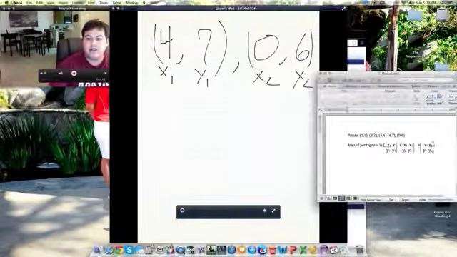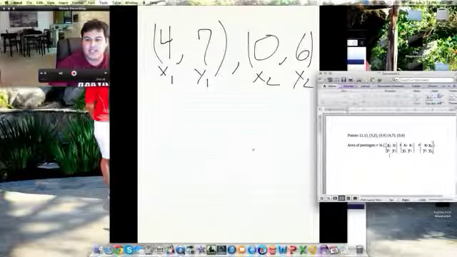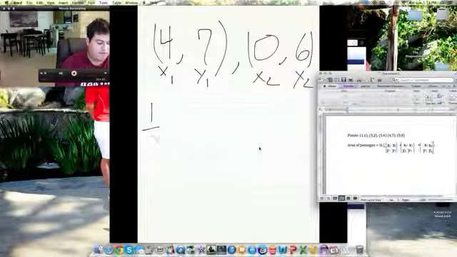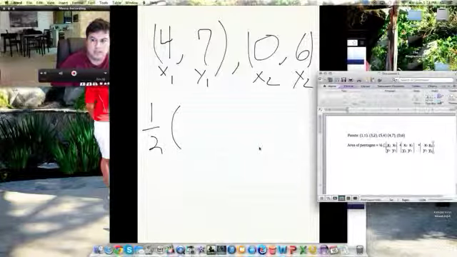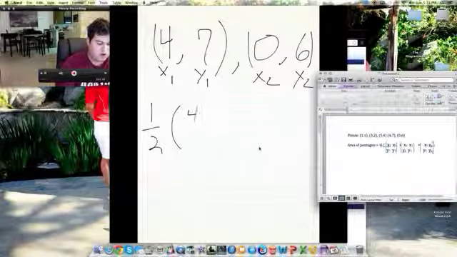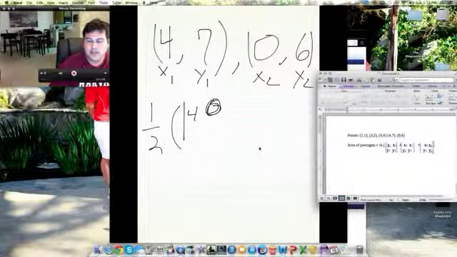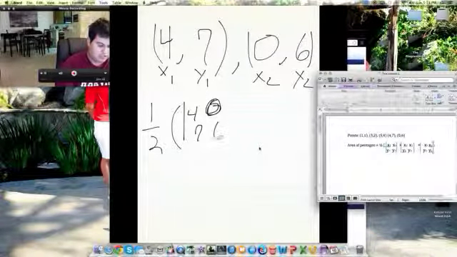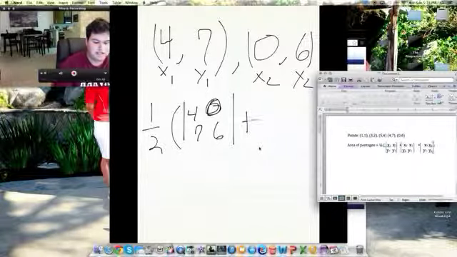If I look at my equation right here, it says my first one-half times, in this case, 4, 0, oh, that's a 0, sorry, my finger is not accurate, 7, 6, plus, okay, now what I have to do is find my next point.